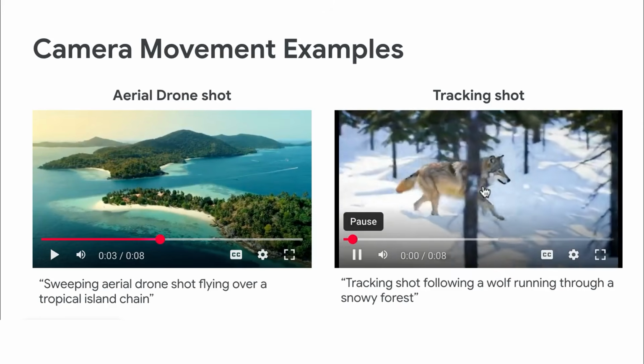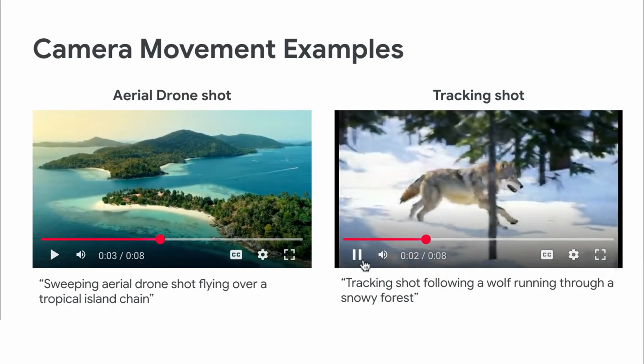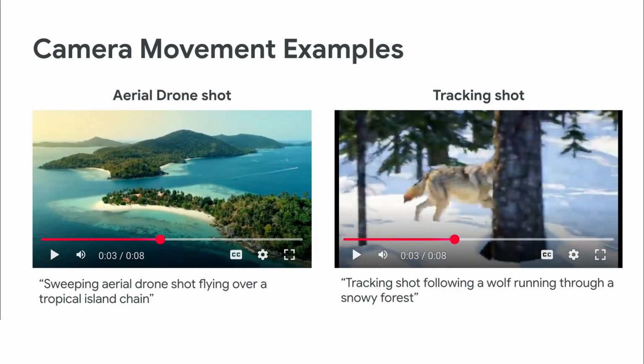And then a tracking shot. And so some technical terms like this can be really helpful, and Veo actually responds really well to production-related technical terminology to really understand what the scene should look like, what the end result should really look like.